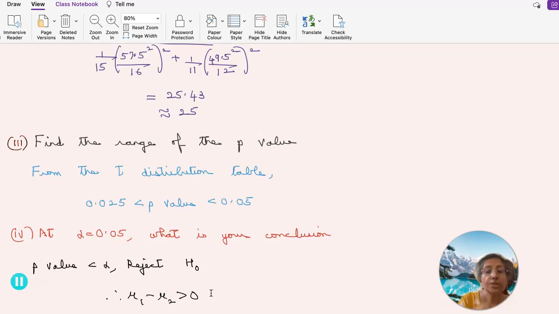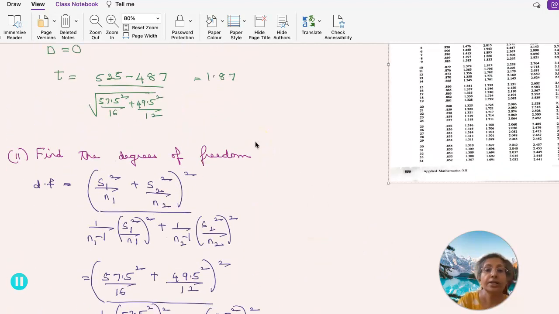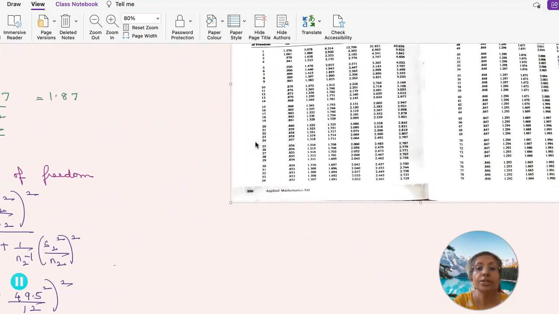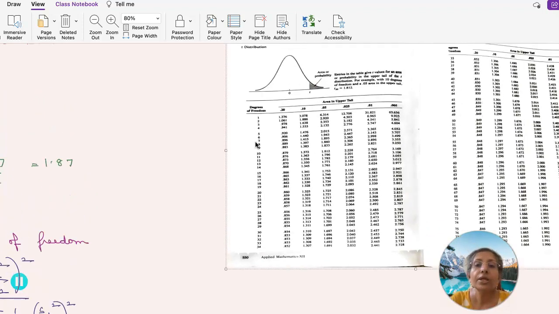Now the next part is find the range of the p-value. Again, you look at the t distribution table, look at degree of freedom 25 and the test statistic 1.87. I'm just going to zoom it a little.